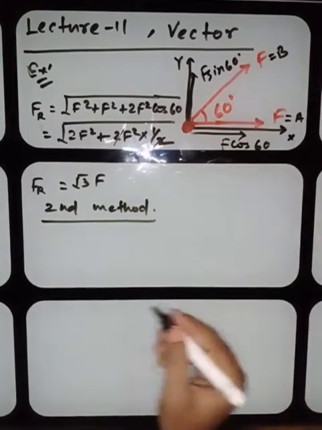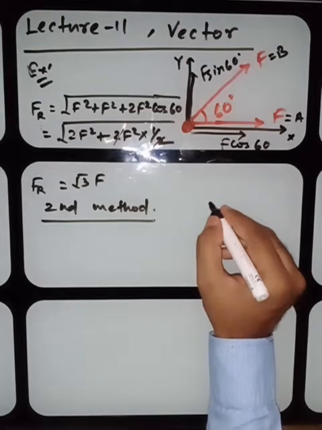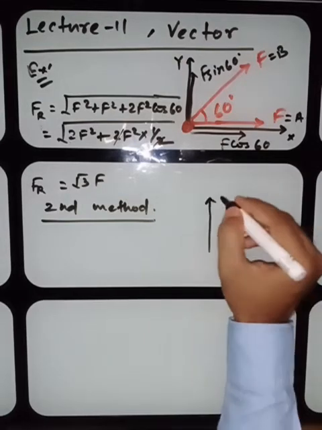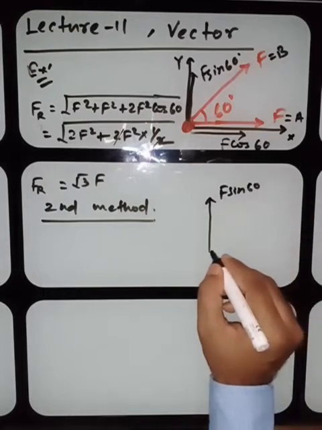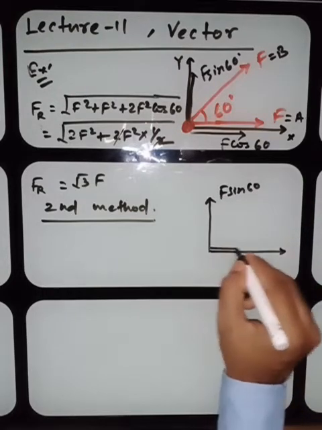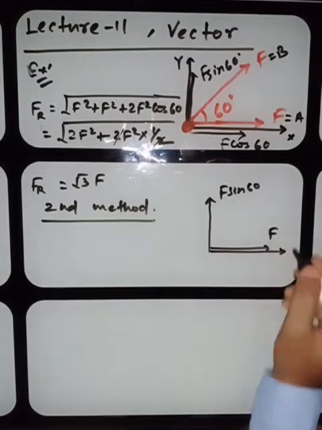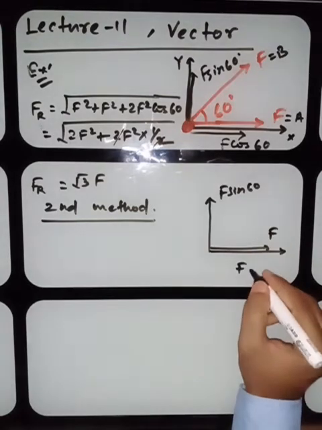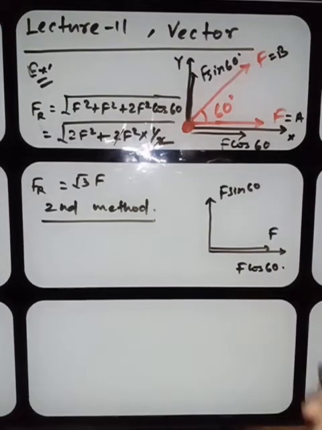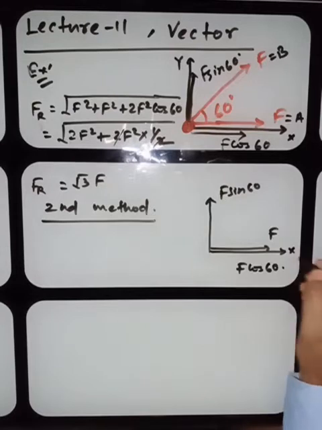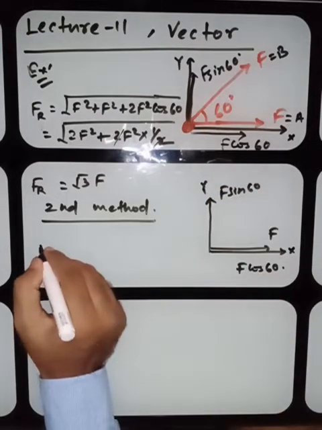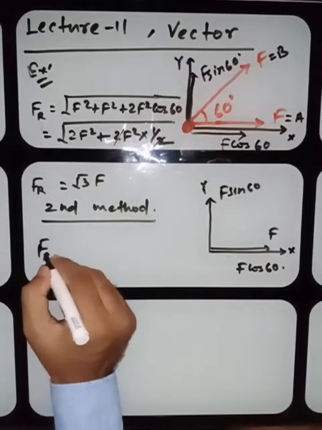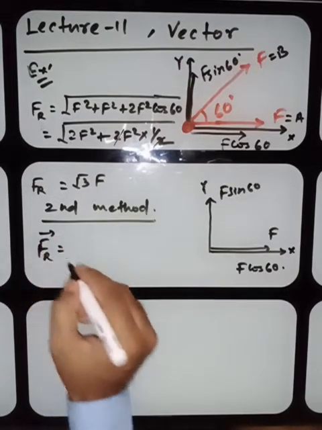F sin 60. Now we have the total forces. You can see there is F sin 60, and the two forces here: one is F and the second is F cos 60. Now this is the x-axis and this is the y-axis. Now we can write the resultant force, F resultant, in vector form, my dear student.